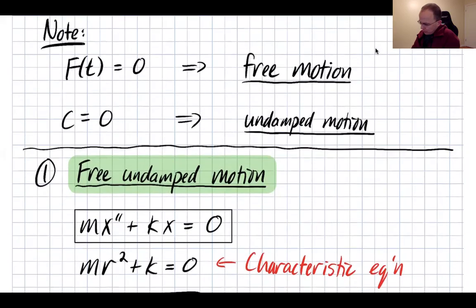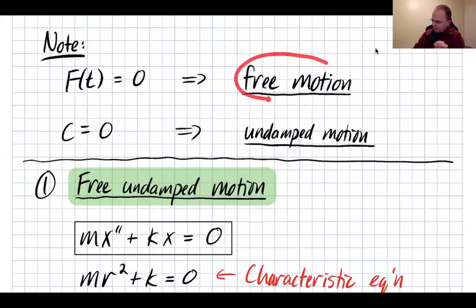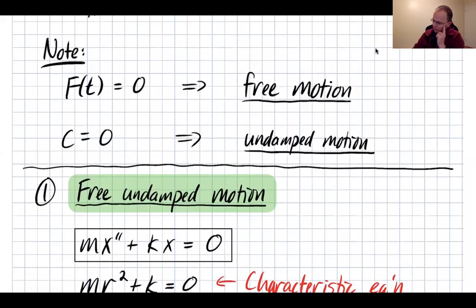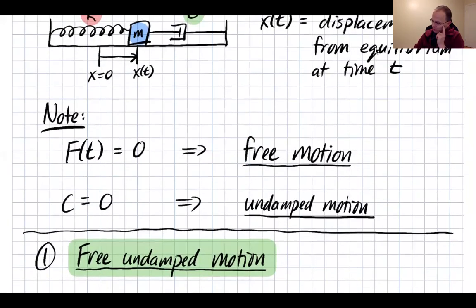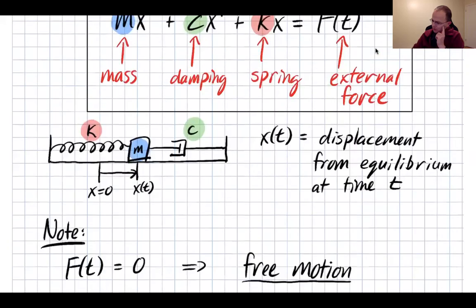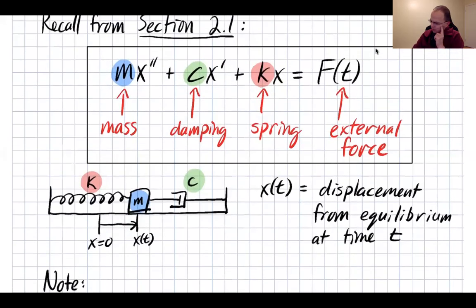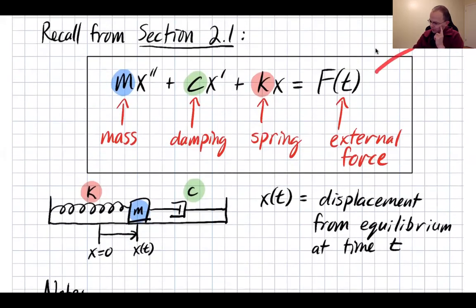So we'll start there. And in this section, we're only going to be looking at free motion, because so far from the previous section, we only know how to solve equations like this that are homogeneous, where the right-hand side is 0. In this section, that corresponds to free motion, which will give us a homogeneous equation, which we know how to solve.